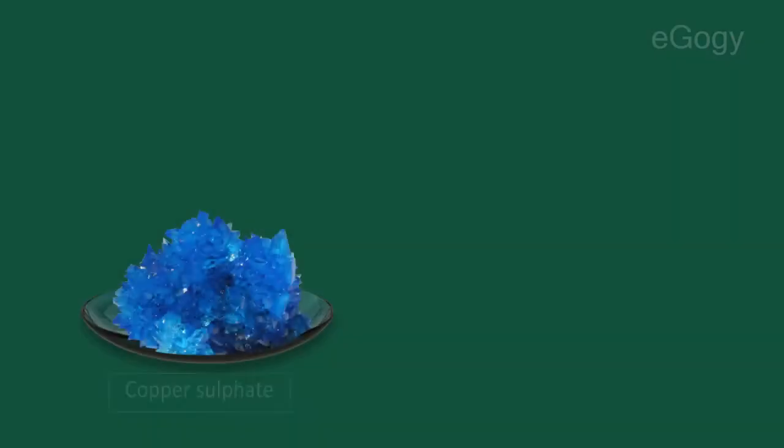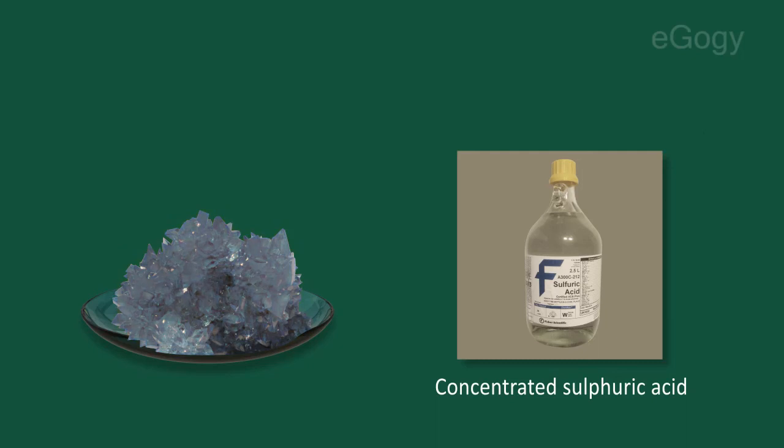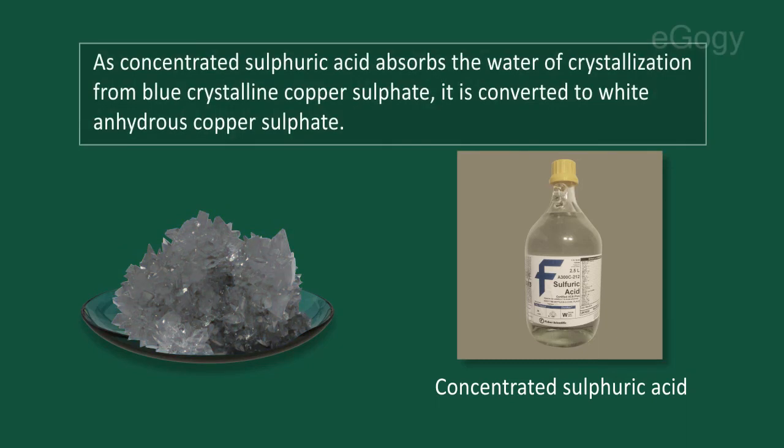Take a small amount of blue vitriol in a watch glass and add a few drops of concentrated sulfuric acid to it. As concentrated sulfuric acid absorbs the water of crystallization from blue crystalline copper sulfate, it is converted to white anhydrous copper sulfate.